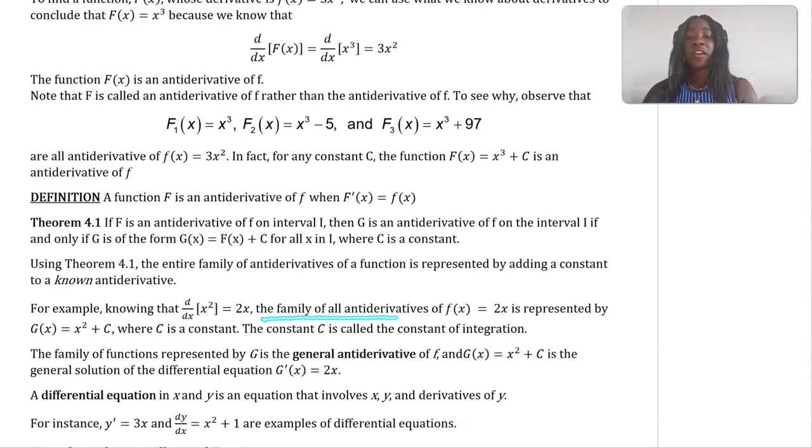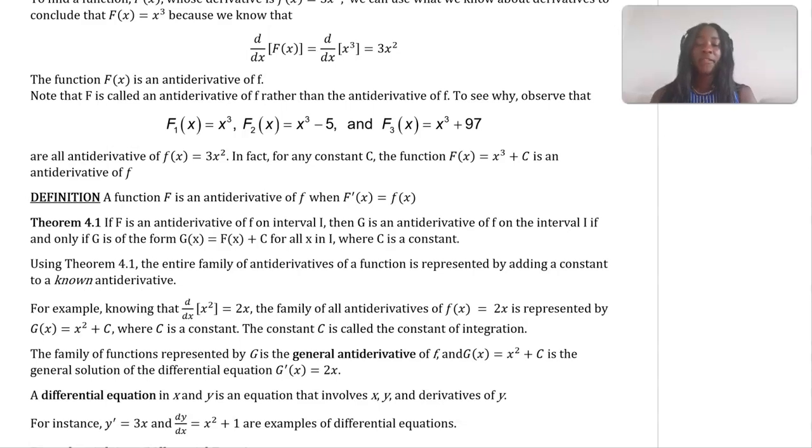So the family of all antiderivatives of 2x would look like x squared plus any constant c, right? Because if I take x squared plus a number and differentiate that, we're always going to get 2x, because the derivative of x squared is 2x and the derivative of a constant is 0. So we call this constant capital C the constant of integration.